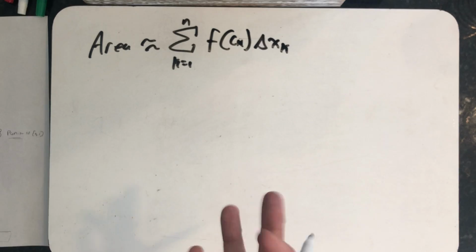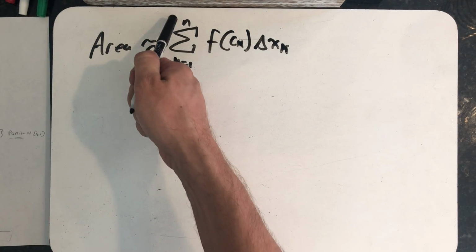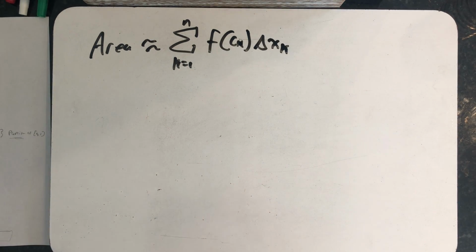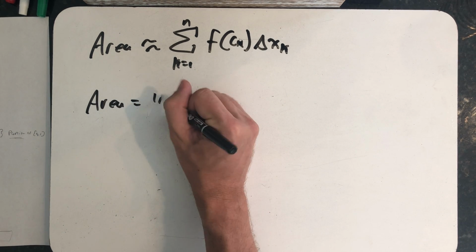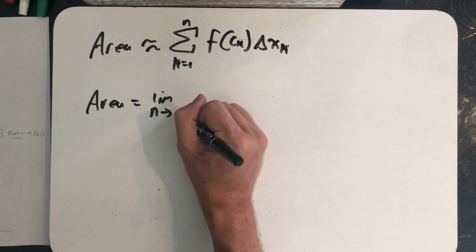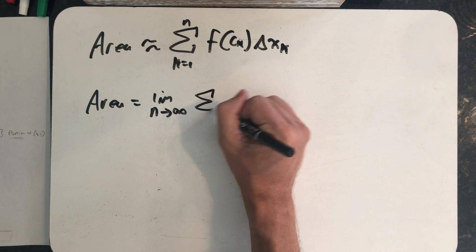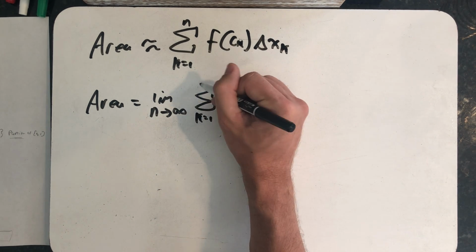Well, then we ask ourselves, how do we make this approximation better? And the answer was always to make n larger. Then it stands to reason that we want n to go to infinity, that we want to imagine letting n be as large as it possibly can be.